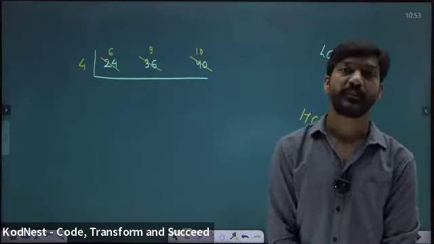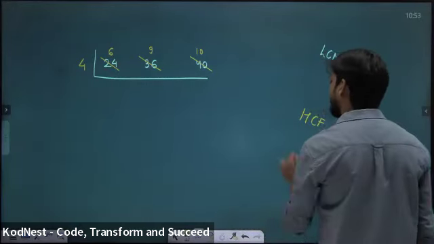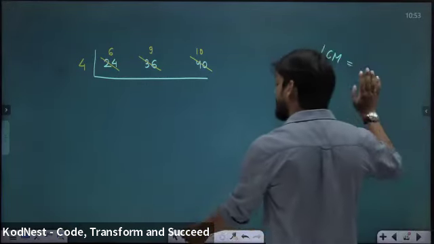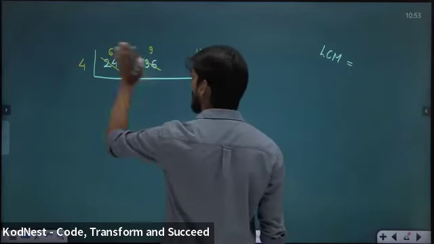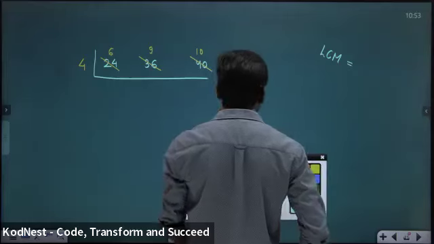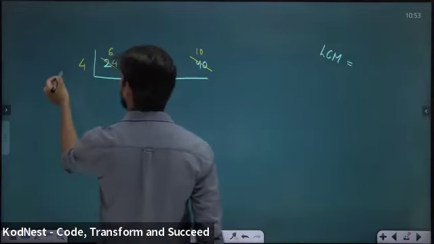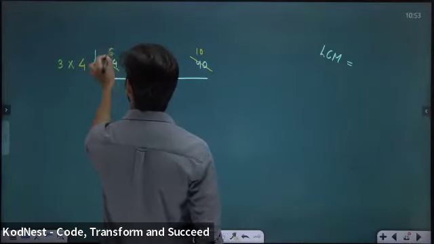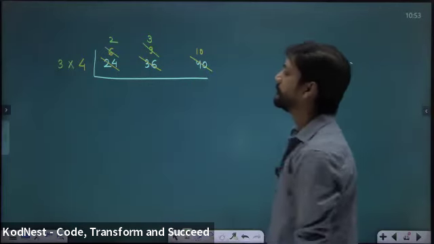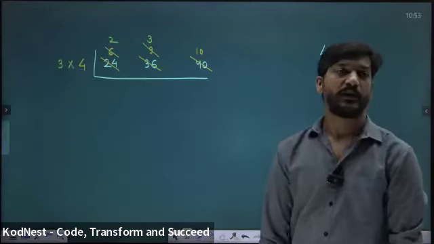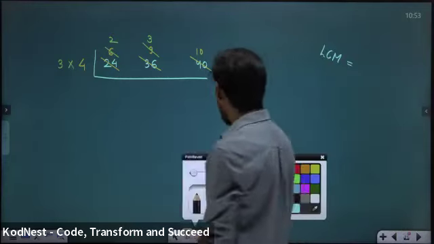So it is not HCF calculation, it is LCM. Anywhere if it is common, take it outside. So I'm taking 3 outside. 3 into 2, 3 into 3. Anything common now? 2 is common. Okay, so 2 is common.